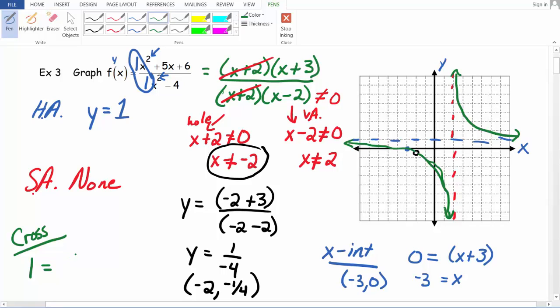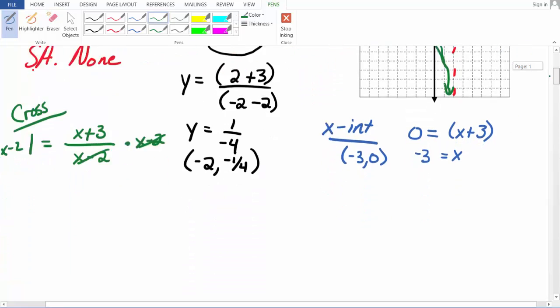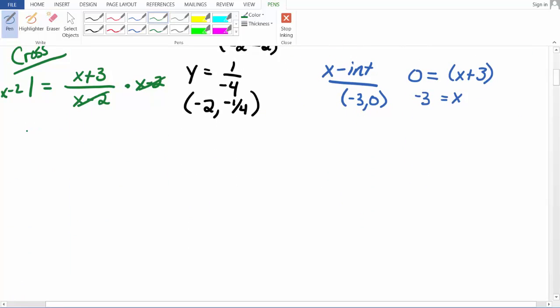We have x plus 3 over x minus 2. And we're trying to solve for x here. Multiplying both sides by that x minus 2, these end up dropping out on the right side. On the left side, we would end up with x minus 2 is equal to x plus 3.